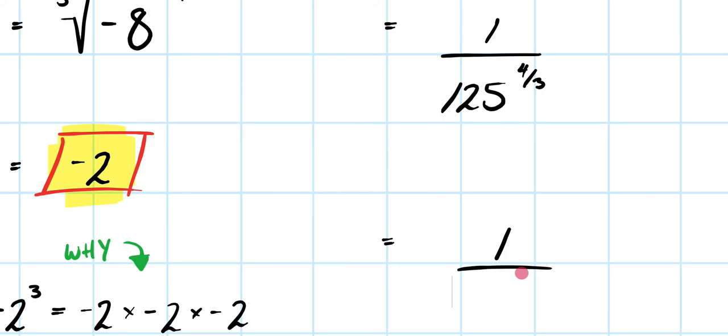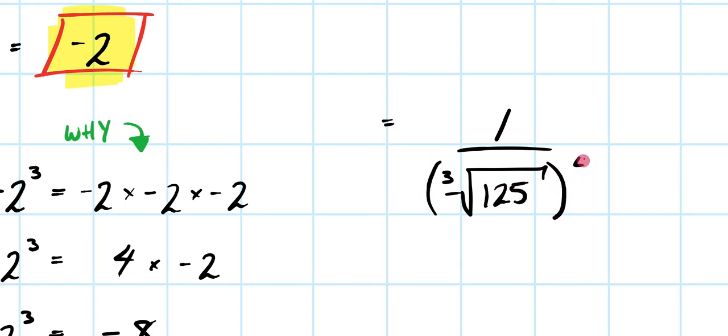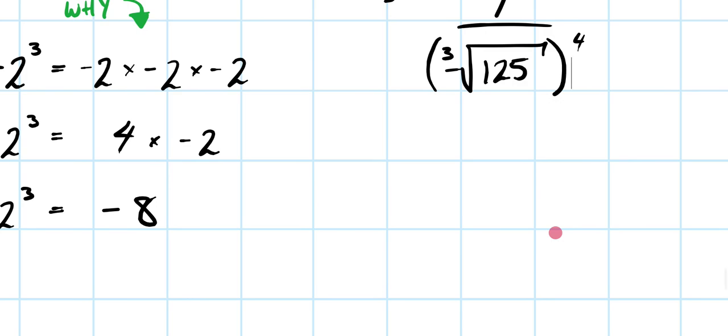Now we're going to go 1 over, and I'm going to write this as the cube root of 125, bracket, to the power of 4. Then I'm going to continue. 1 over. Now the cube root of 125 is 5. That is to the power of 4.